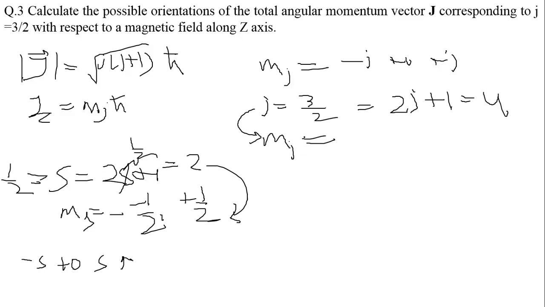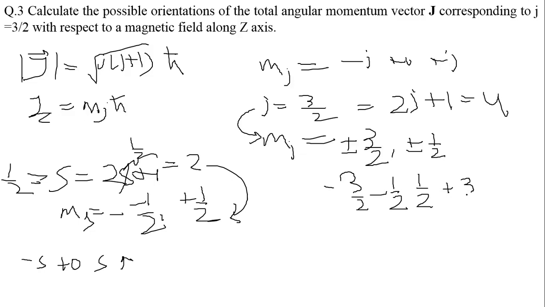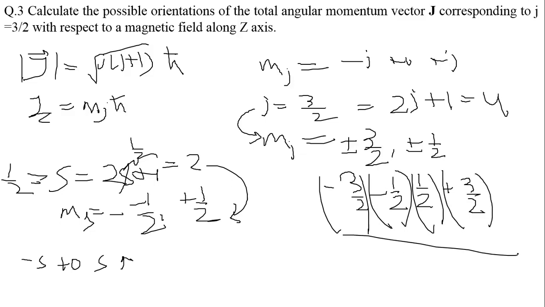So there will be 4 values of MJ: minus 3/2, minus half, plus half and plus 3/2. So corresponding to j equal to 3/2, there are 4 values of MJ.